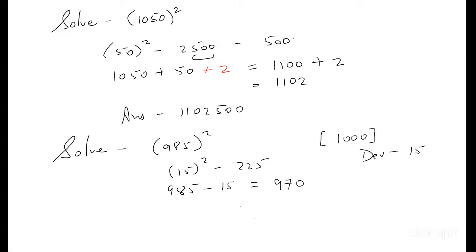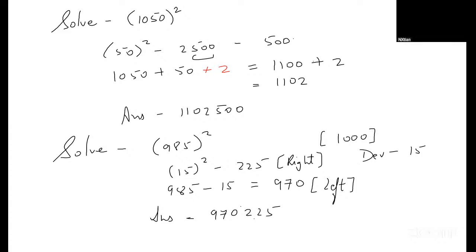This 225 is the right side of the answer, and 970 is the left side of the answer. Put them together, answer becomes 970,225.